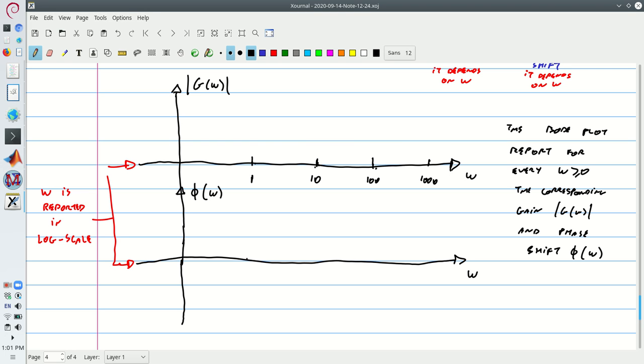This is true for both the gain plot and the phase plot.